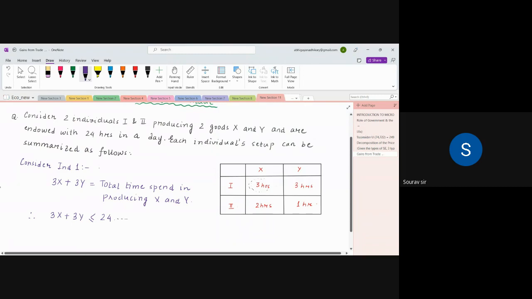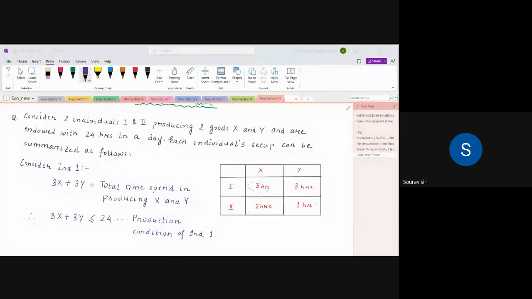This is the production condition of individual 1. Correct? Is this clear to all of you?